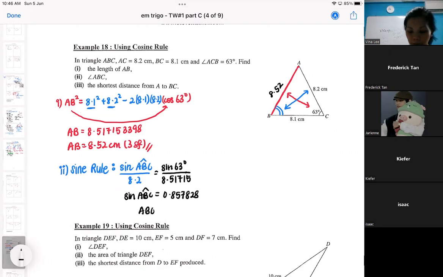And don't forget to inverse. So in a question, it is quite possible that they can be mixed together.